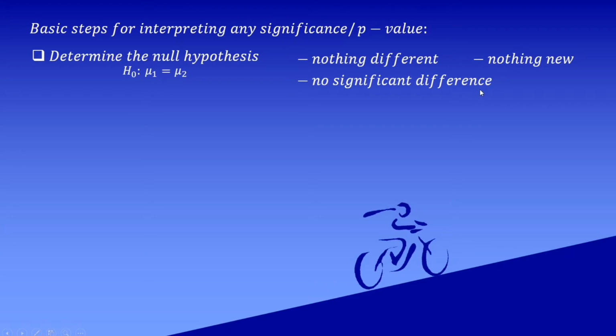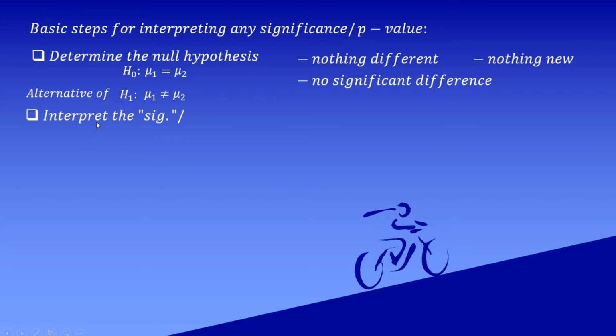It shows the same behavior of a certain characteristic of the populations. If the null hypothesis is not true, we can use the alternative, H sub 1: mu1 is not equal to mu2, so the means of the two groups are not equal. Ibig sabihin nito, something is happening, or there's an effect, or maybe there's a significant difference.